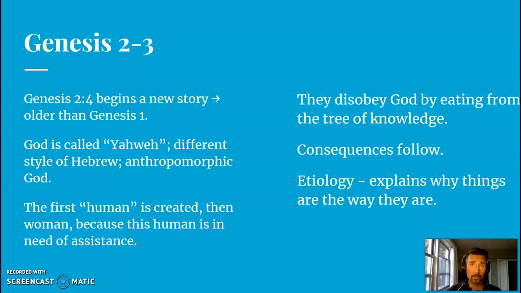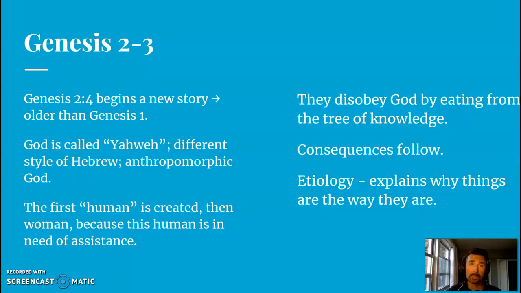The first human is created, called Adam, from adama, which is a word for red clay, and then the woman, because this human needed assistance. He couldn't make it by himself, so God creates a helpmate.